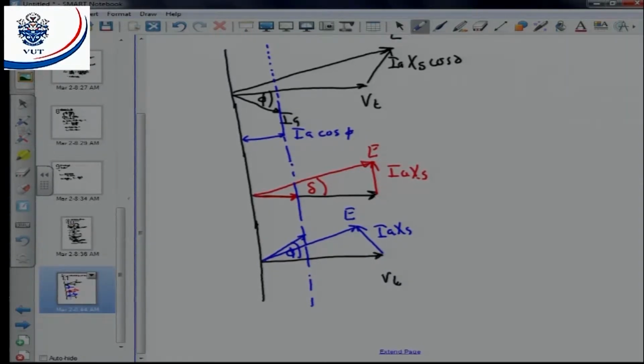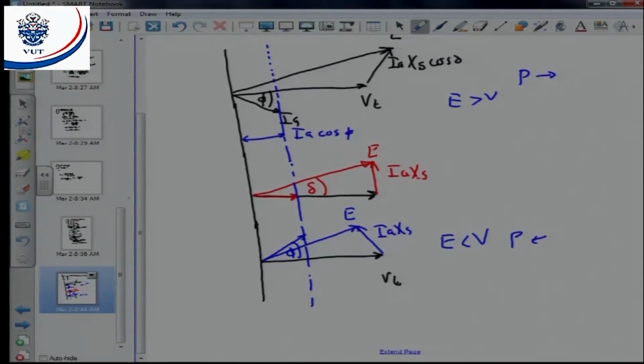So from this it can be seen that for an overexcited alternator with a lagging power factor, E is bigger than V, and for a leading power factor, E is less than V, and it is said to be underexcited. This machine will deliver power to the system, and this one will receive power from the system.